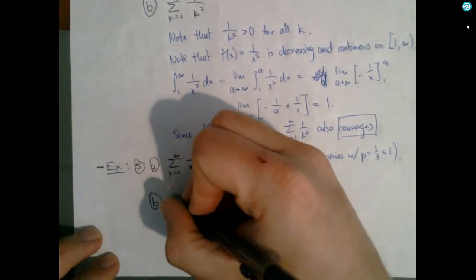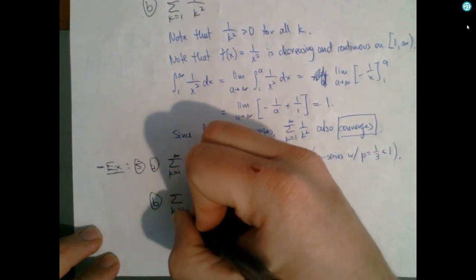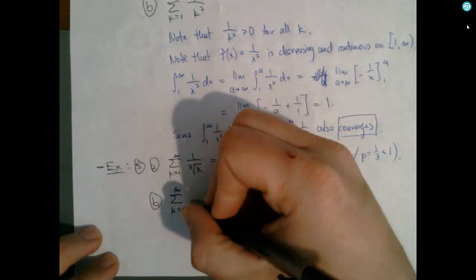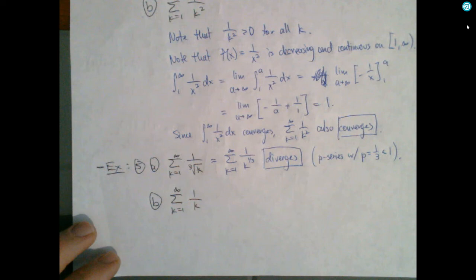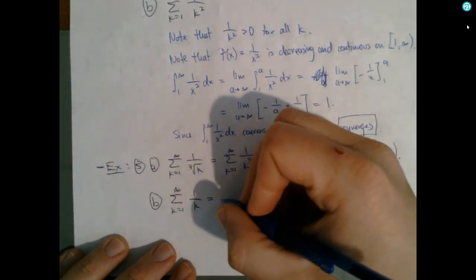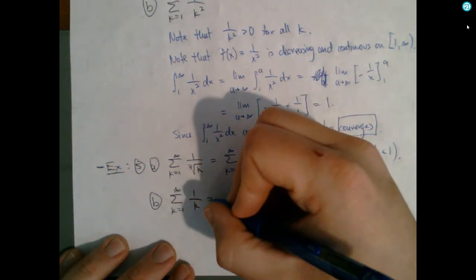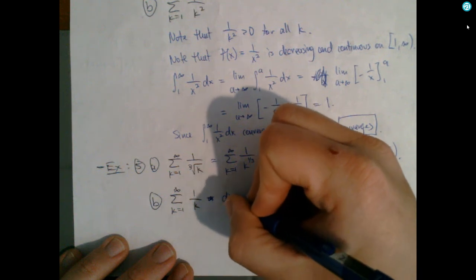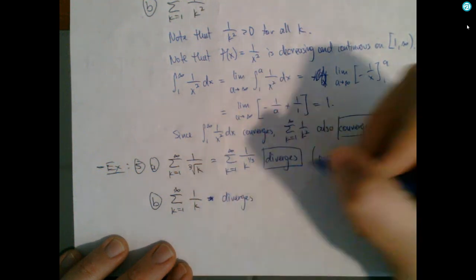What about our favorite series, the harmonic series? Well, we already know it diverges, and we've shown it 2 different ways. We showed it at the end of 9.3, and then we just showed it using the integral test a second ago. But notice that it's a p-series, right? So I'll say this thing diverges, right?